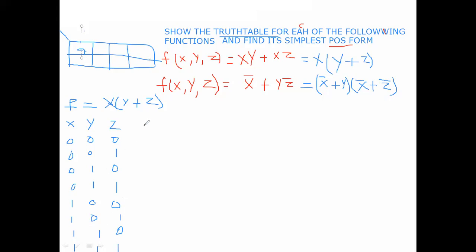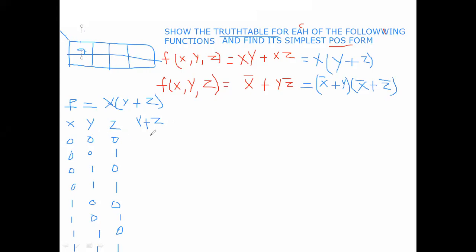So X into Y plus Z. That means first you take Y plus Z. Y plus Z means which operation are we doing here? OR gate operation. OR gate means if any one of the inputs is 1, then the output is 1.